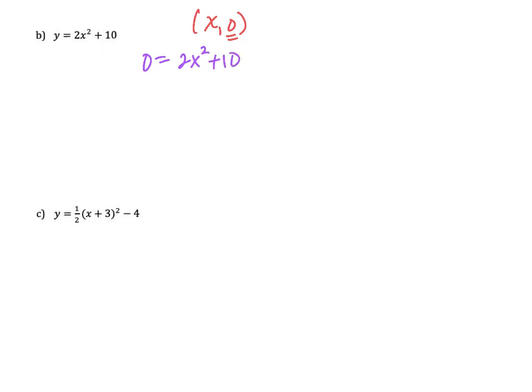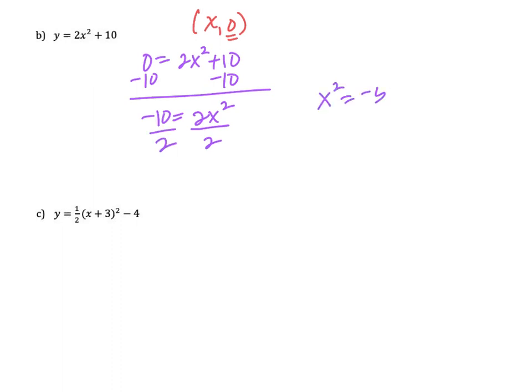Okay, so I plug in my 0, I subtract 10, I get 2x squared equals negative 10, I divide by 2, I get x squared equals negative 5. Great, I take the square root of both sides. The square root of x squared is x. Oh, wait a minute here. Can I take the square root of a negative number?